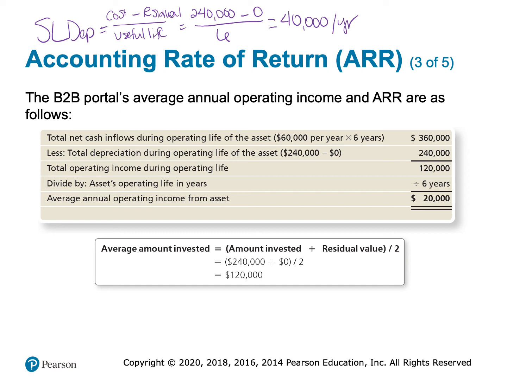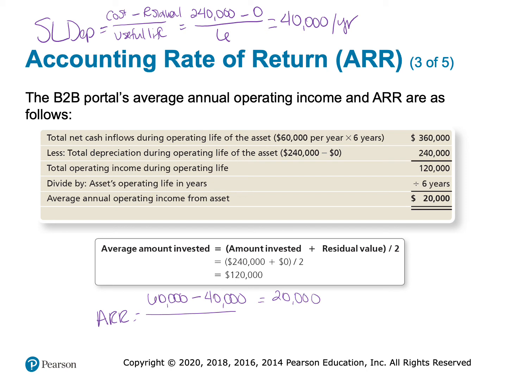So that means that our numerator then would be, pretend I didn't just show that to you, the 60,000 net cash inflow minus the 40,000 of depreciation expense, which is 20,000.